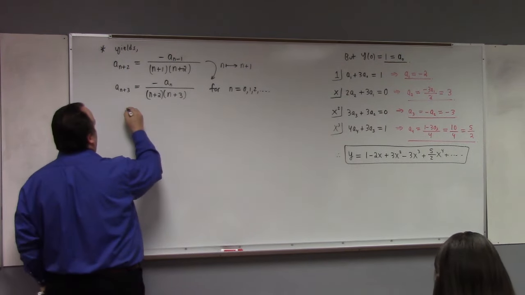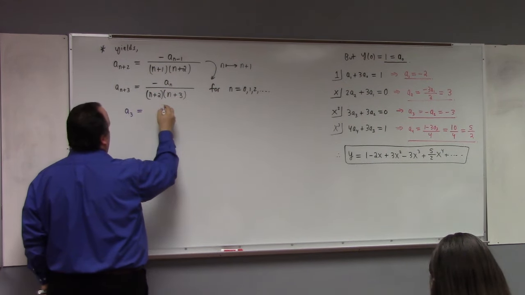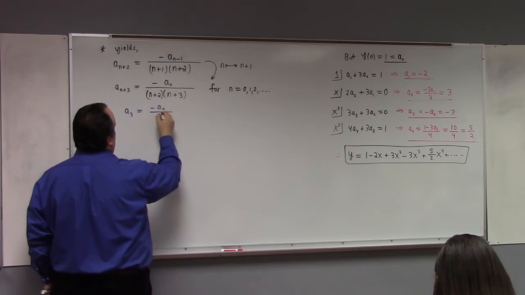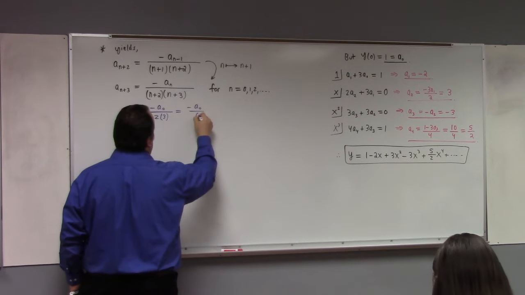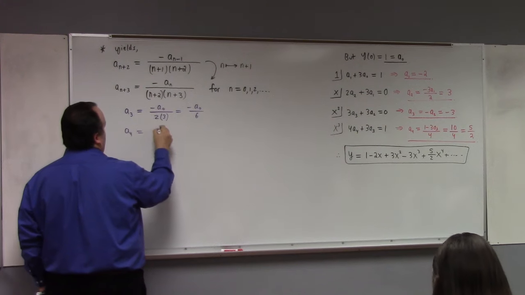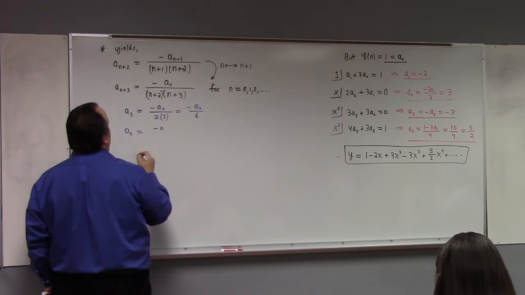So we've got a sub 3 equal to minus a sub 0 over what? Yeah, 6, 2 times 3, right? So minus a sub 0 over 6. And then we have a sub 4 is minus a sub, oh man, well, it's fine.